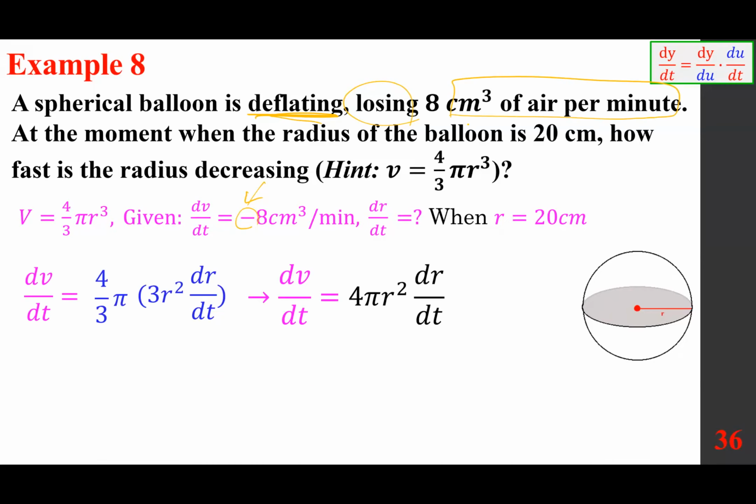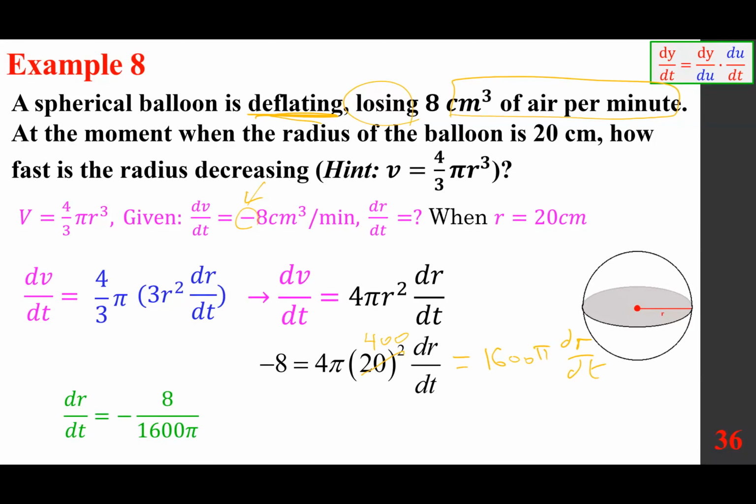So I'm going to replace the dV dt with -8 and replace the r with 20. This is 400. So we have 1600 pi dr dt. We are going to divide both sides by 1600 pi.